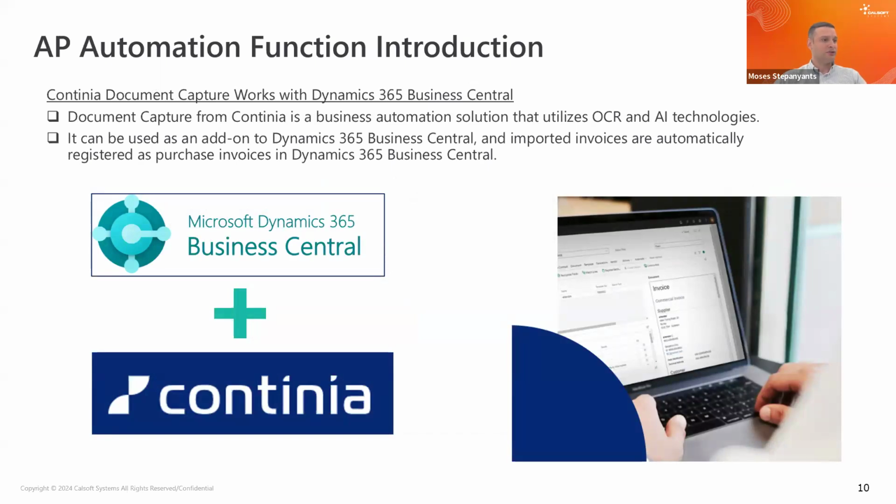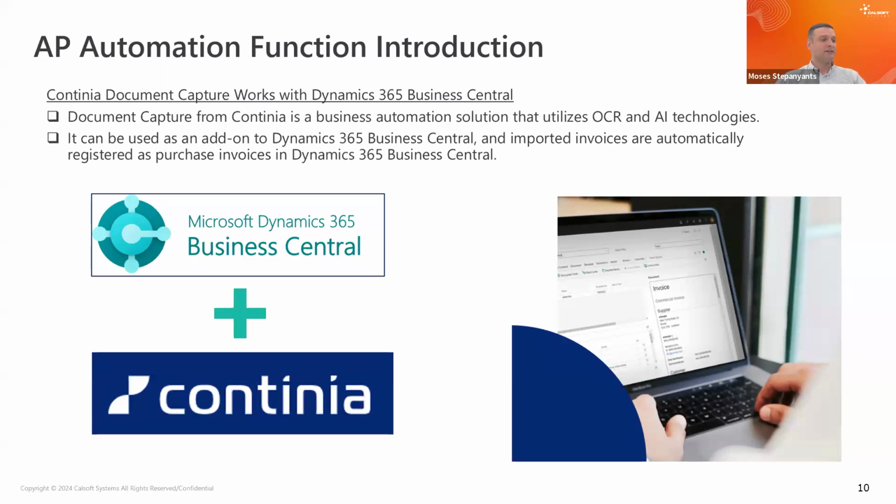Today, I'll dive into one of the AP automation tools that we have been selling and implementing to our customers who have existing ERP systems. The name of that solution, as I said earlier, is Continia Document Capture. Document Capture is a business automation solution that utilizes OCR and AI technologies.